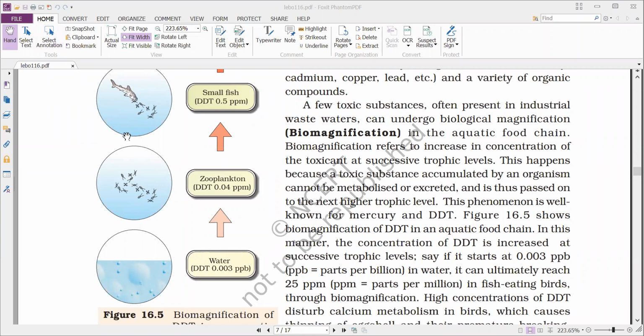So there is an accumulation. Here we have taken a chemical substance which is non-biodegradable, like DDT.